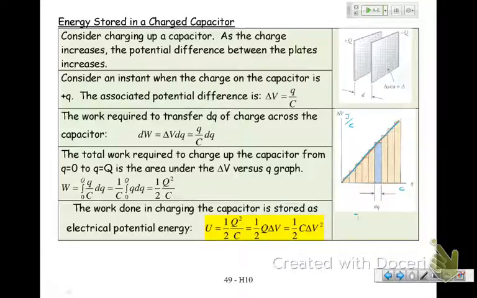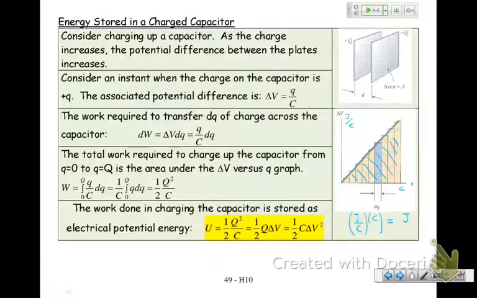Let me go through this again. Joules per coulomb multiplied by coulombs equals joules. What do we measure in joules? Energy. Oh, I bet that the energy stored in this capacitor is the area under the graph.